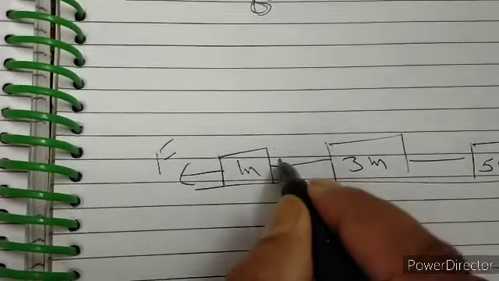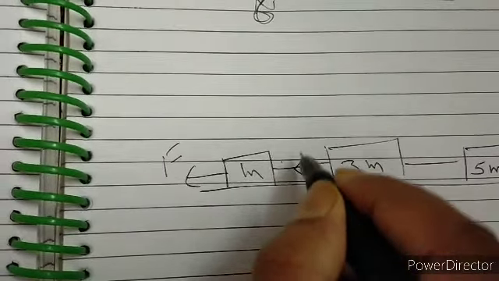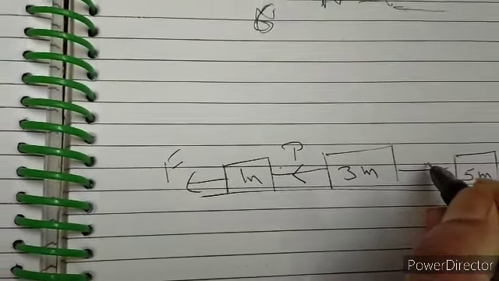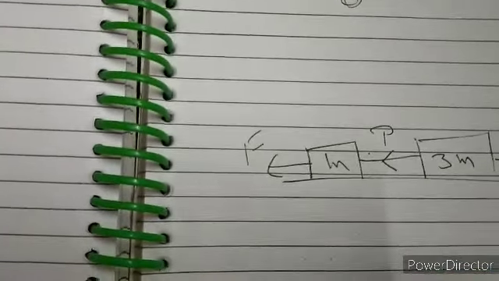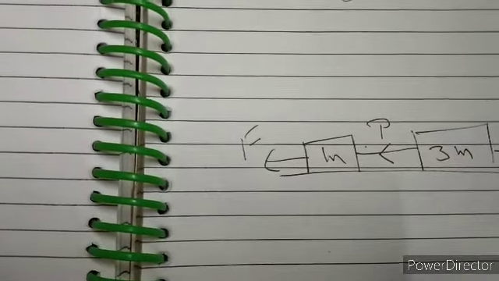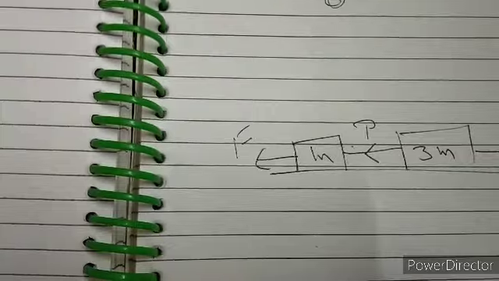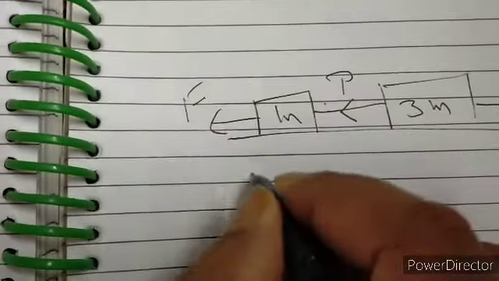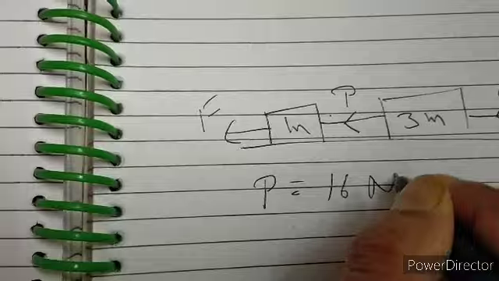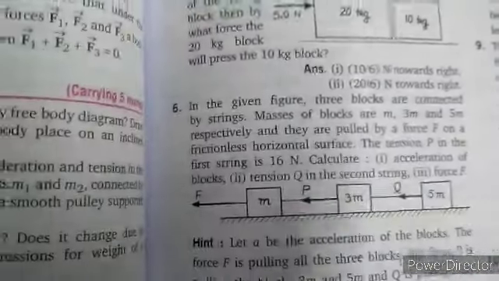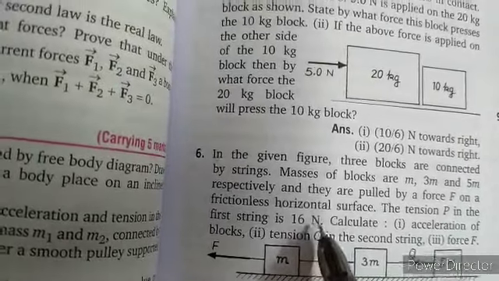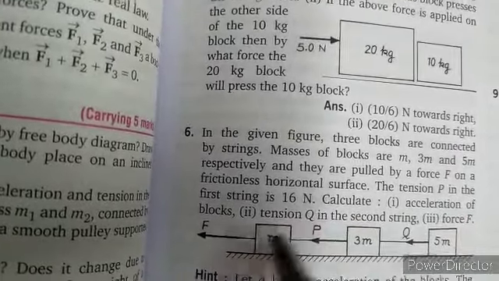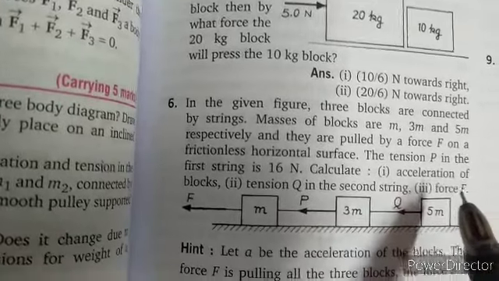The tension in this string is P, and in this string is Q. It is given in this numerical that the tension P in the string is 16 Newton. Calculate the acceleration of the blocks and tension Q in the second string, and the force F.